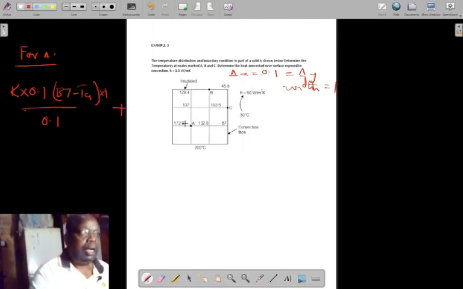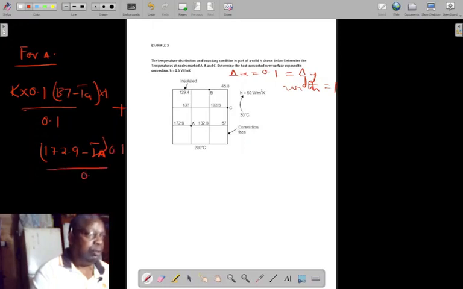Now looking at that face there, 172.9 minus TA, again multiplied by 0.1 over 0.1 times 1, and we have a k.